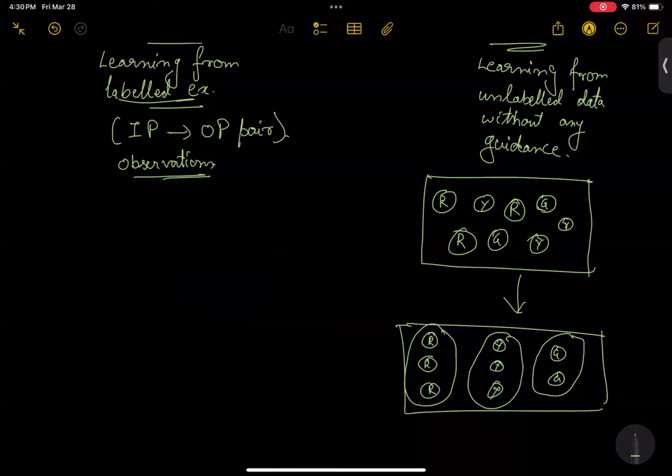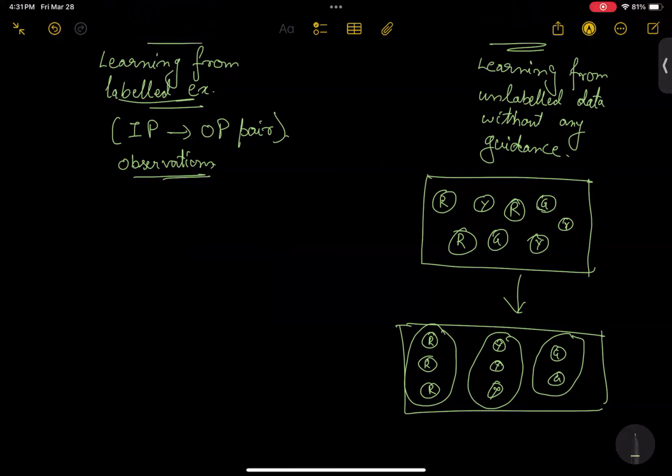I'm just trying to give you an example. It tries to identify some pattern, similar to the previous example. It was identifying an equation; here it is identifying the pattern, the similarities of characteristics, say the pixel definition of each of them. Like the red pixel is separate from the yellow pixel, which is separate from the green pixel. If it collates and groups them together and then automatically gives you the output, it is unsupervised.